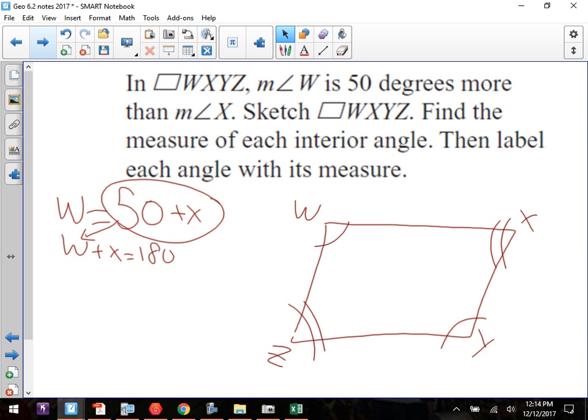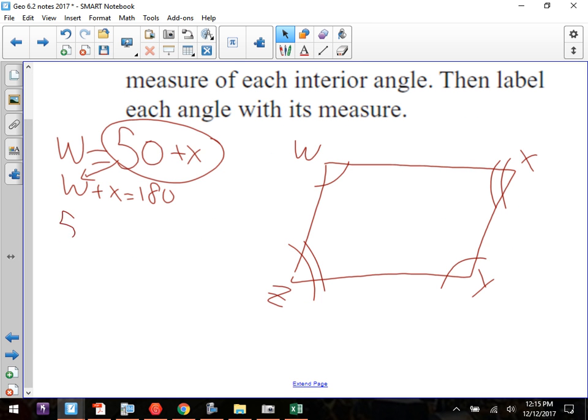And you're creating a very quick algebra problem. So 50 plus X is 180. What's X plus X? 2X.